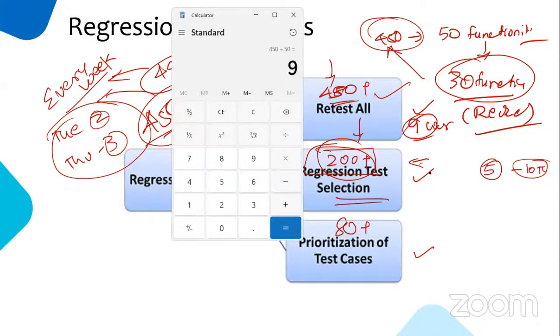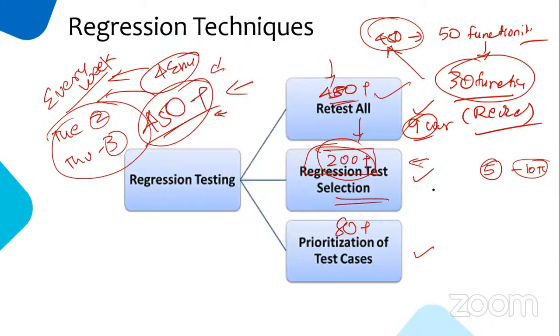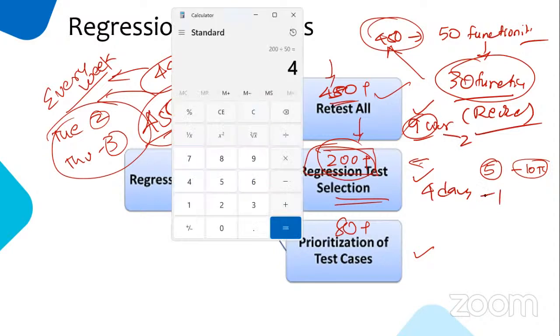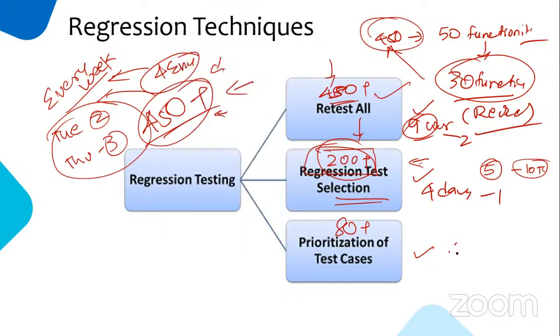If I do the same with 200, 200 divided by 50, I can complete it in 4 days. That means 9 days is almost 2 weeks, and this is less than a week. What about 80? 80 divided by 50, I can complete in 1.6 days, approximately 2 days. So what is the cost saving?